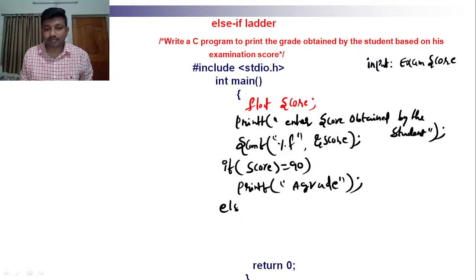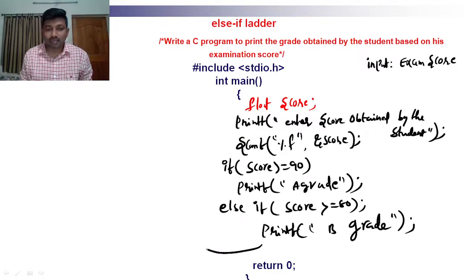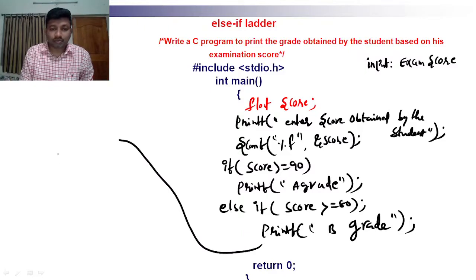Else if, else followed by a space and if score is say greater than or equal to 80, say printf, we say B grade, and then let me write here the continuation.